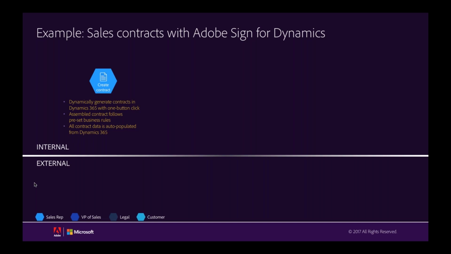It's essentially a one-button click, and I'll show you an example of that a little bit later here. And so you create that contract, it immediately gets sent out to the customer because it's taking all of the fields, all the contract data from Dynamics 365 and populating that into a document that gets sent out.